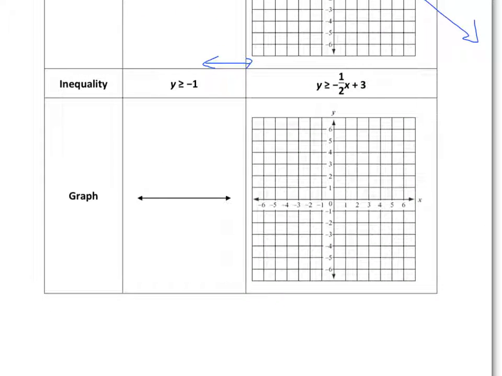Okay, and then the last one, y is greater than or equal to negative 1. Okay, so filled in, greater than or equal to negative 1 is going to the right. Okay, and now we need to graph. So starting at my y-intercept over here, I have 3, and my slope is negative 1, 2, so down 1 to the right 2. Okay, if I look at my sign right here, I know that it's a filled in line because we're including it.